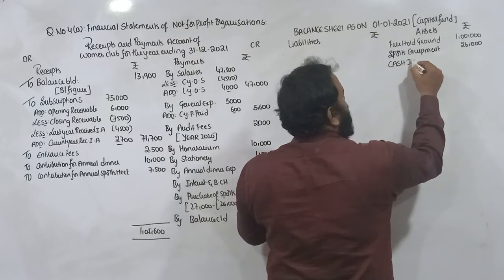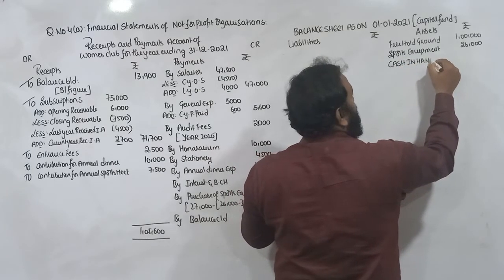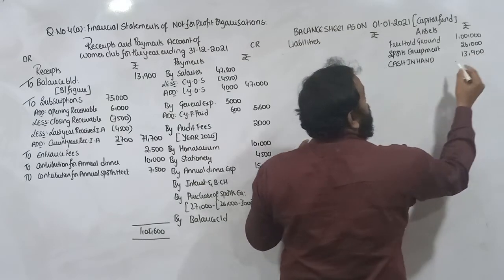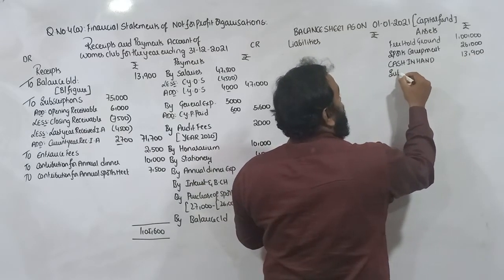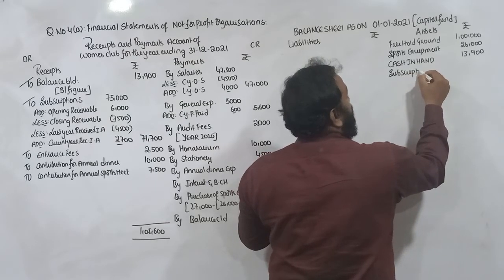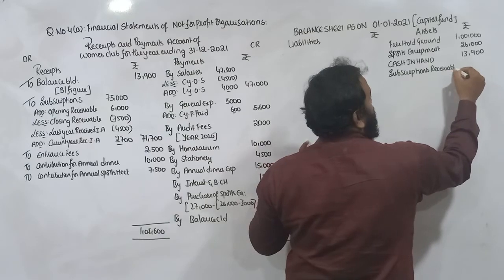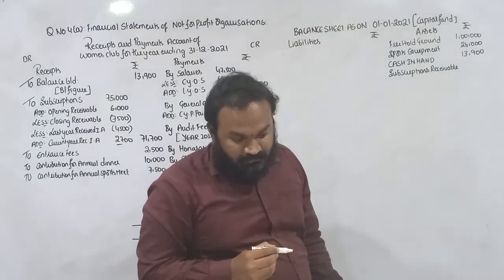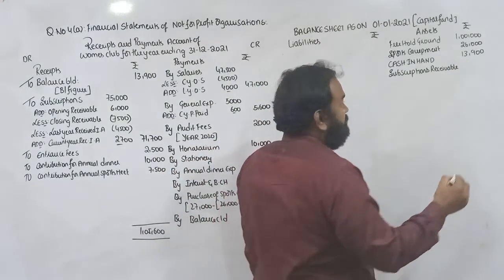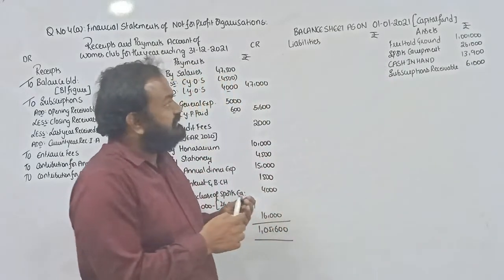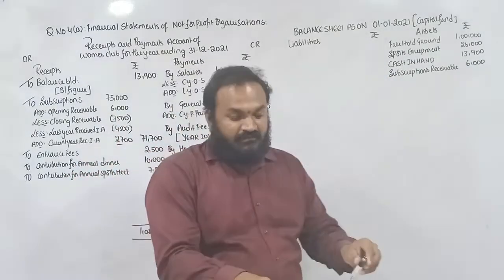Cash in hand, it may be, or bank opening balance. Next, subscriptions receivable, opening receivable is there, no? Subscriptions receivable, opening receivable, how much? 6,000. Next, boys and girls, coming to the liability side.